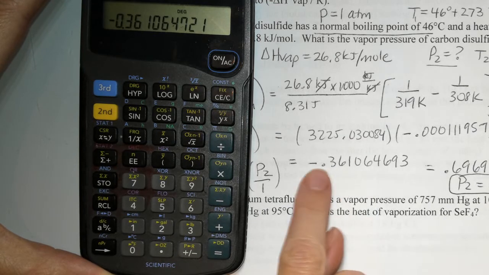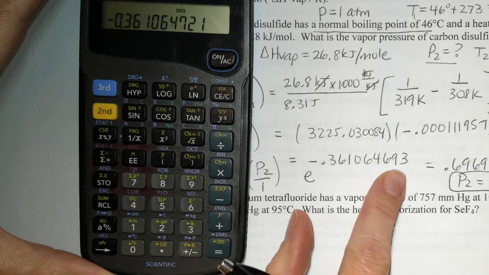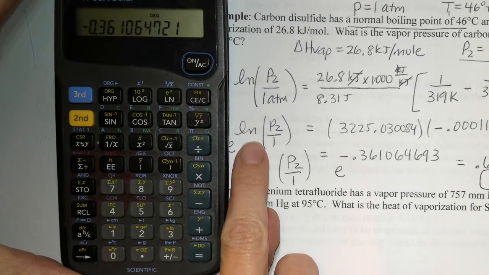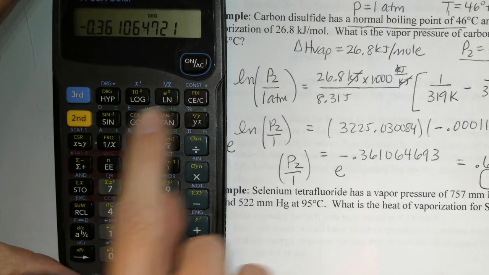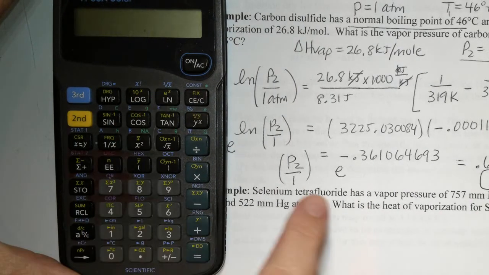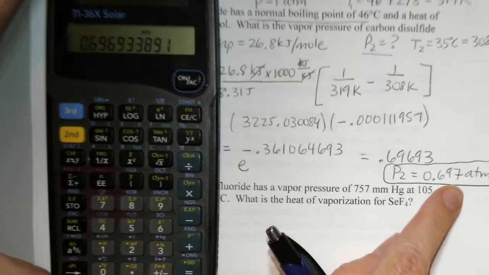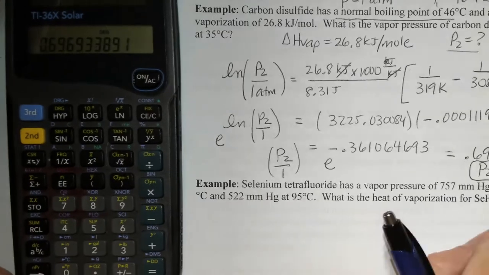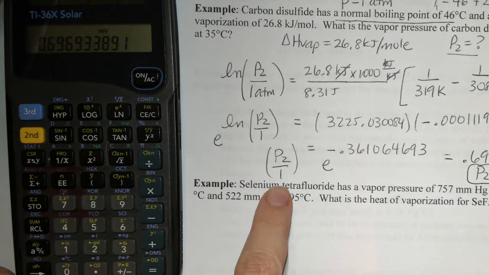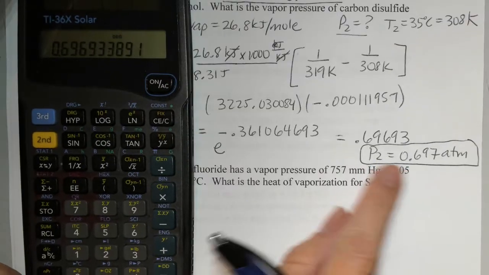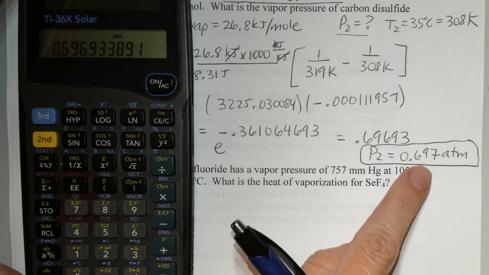So that's this answer here, negative 0.361. Now, to get rid of the natural log function, I take the E, so I hit second E, and there's my answer. It's 0.697, rounding to 3 sig figs. And since that was equal to P2 divided by 1, I just cross-multiply the 1, I get the same answer. So that would be my pressure.